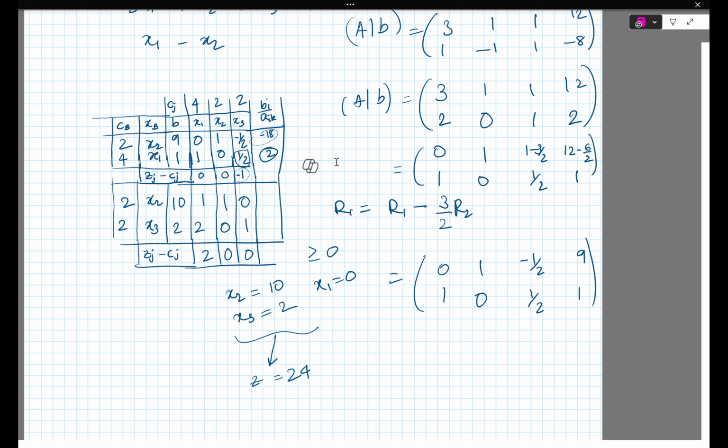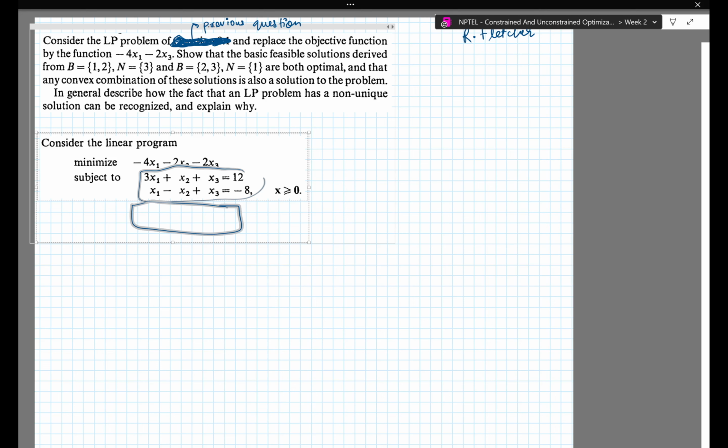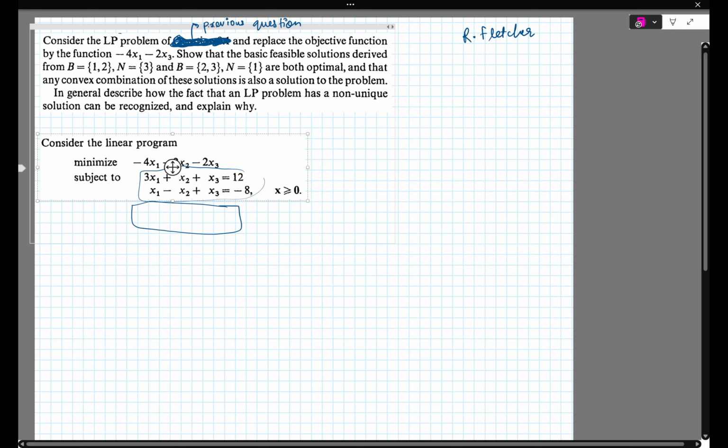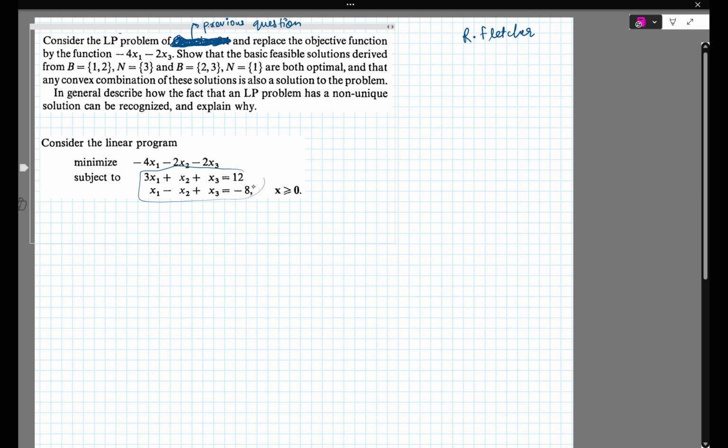Because we have studied that if zj minus cj is greater than 0 for non-basic variables, then the problem will have a unique solution. That's why if this is the table, then this problem will have a unique solution, right? Yeah. But in that question, constraints are the same. But okay, fine. Objective function is changed, right? Yeah, objective is different. Okay, fine.